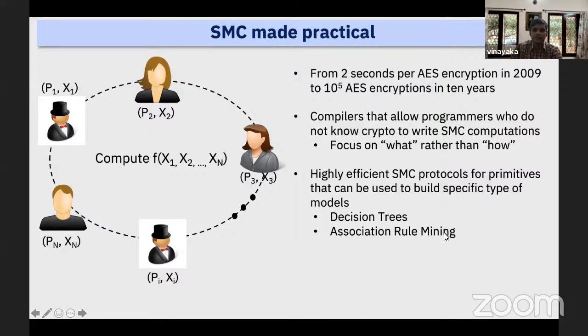So that's the second thing. And we have started getting highly efficient protocols for special purpose models, like if you want to compute decision trees jointly, or do association rule mining, etc., you can do this. And that's what has basically allowed people to start using multi-party computation in practice.